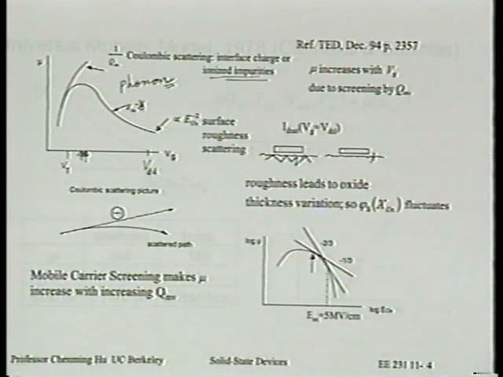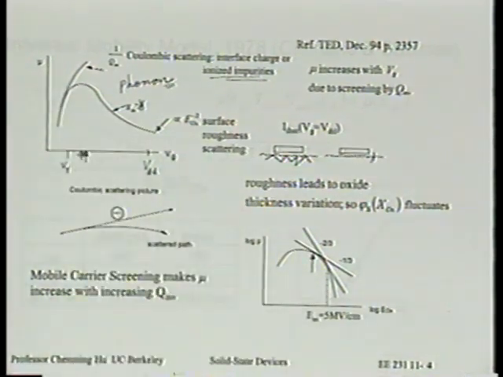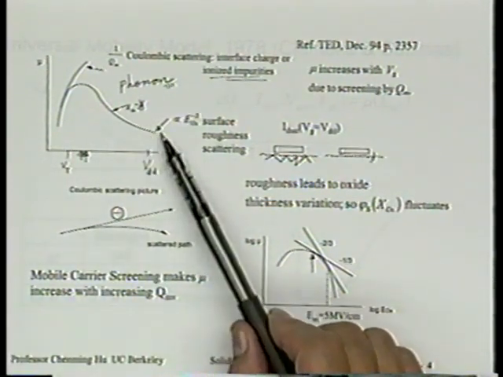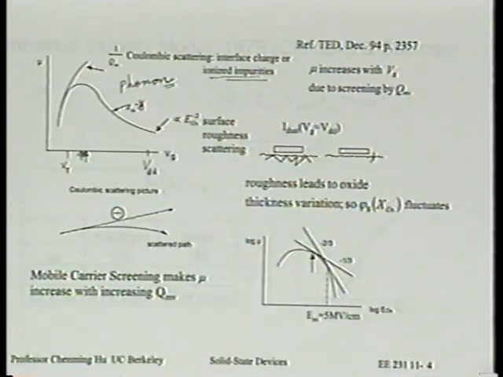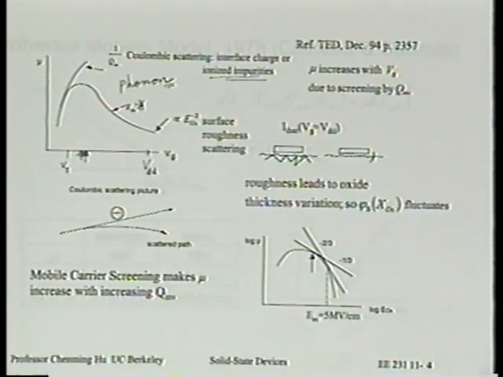For example, surface roughness supposedly gives you a temperature coefficient such that mobility should increase with increasing temperature. In other words, you should have similar behavior to Coulombic scattering in temperature dependence. But in reality, we know it's not. The mobility decreases with increasing temperature, as phonon scattering would predict.